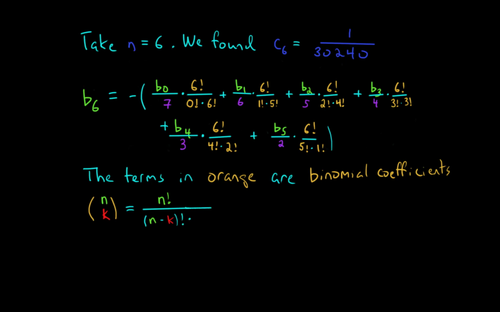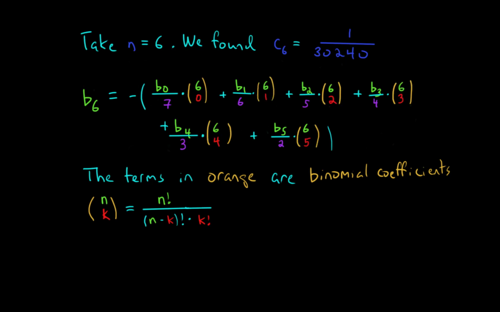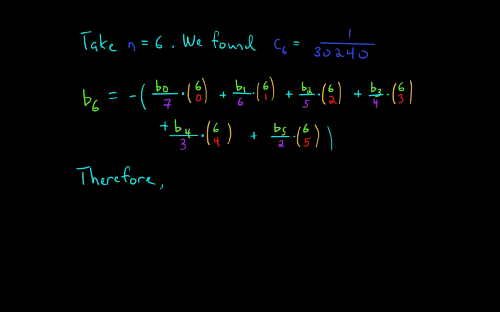So I'm going to rewrite these orange terms as 6 choose 0, and the next one will be 6 choose 1, and then so on, 6 choose 2, 6 choose 3, 6 choose 4, and 6 choose 5.